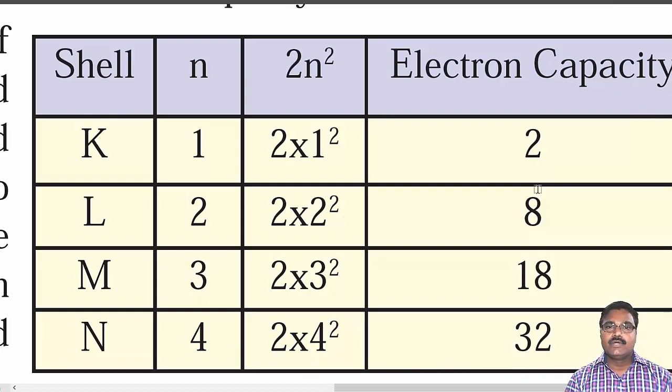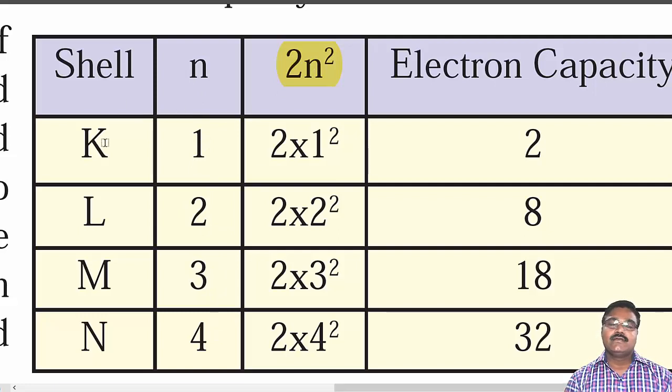Now, to know the maximum capacity of a shell, we will see one formula to calculate the electron capacity of a given shell. That formula is 2n square, where n is the shell number, given from 1 to 4.